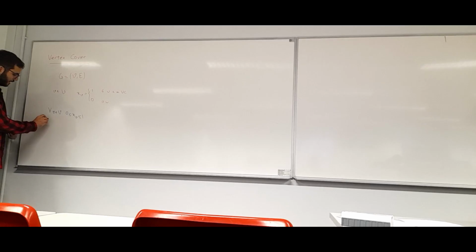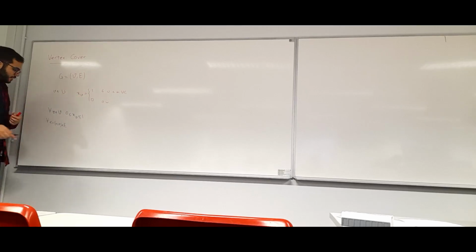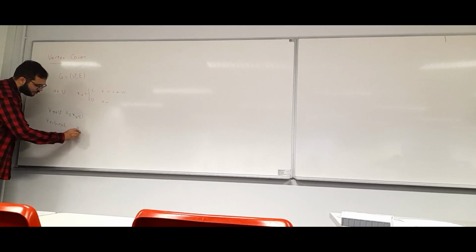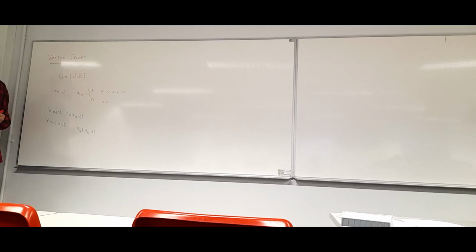So I want to say that for every edge, let's say that the edge was uv, in my edge set, one of the two endpoints has to take the value of 1. Or an easier way of writing that is to just say that x of u plus x of v has to be greater than or equal to 1. This is again the same idea that I had in 3-SAT. Instead of or, I'm just using sum.